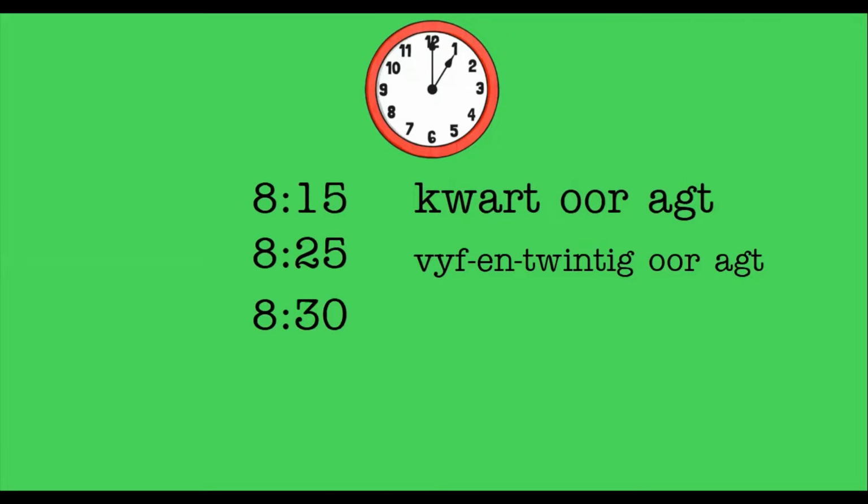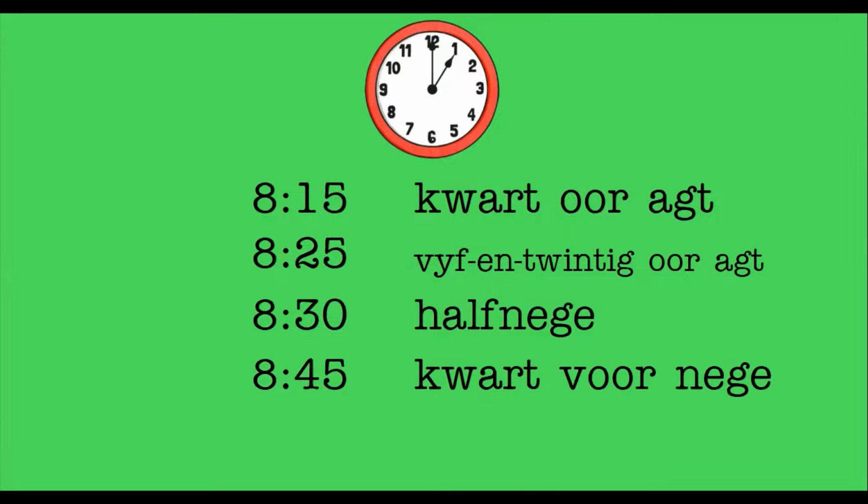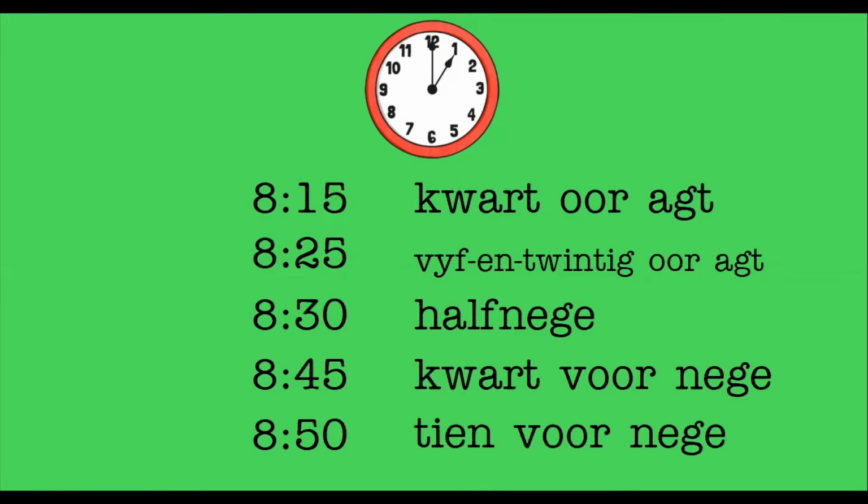In Afrikaans, we say what is to come. Half nege. We're going to 9 o'clock, but we're not there yet. It's half an hour to go, so it's half nege, one word. 8:45 is kwart voor 9. And then 8:50 is 10 voor 9.